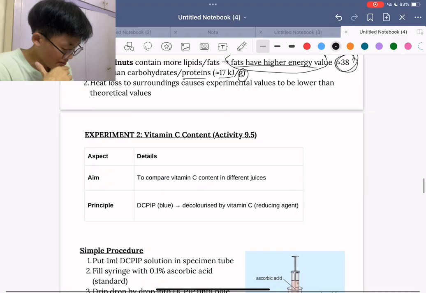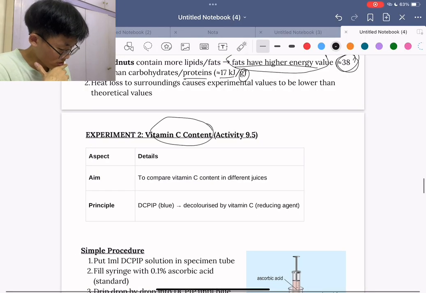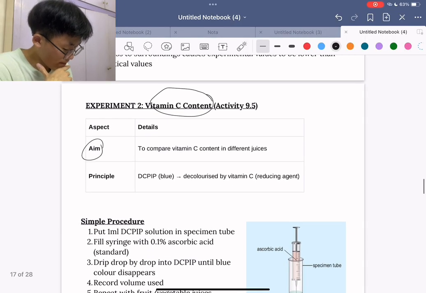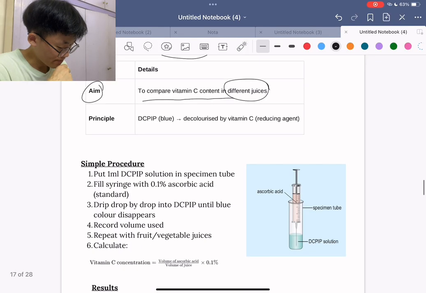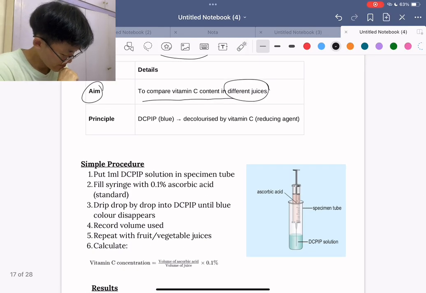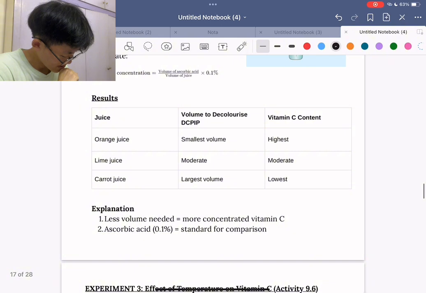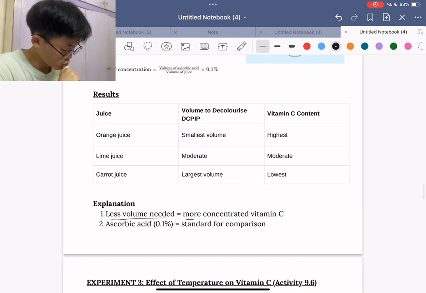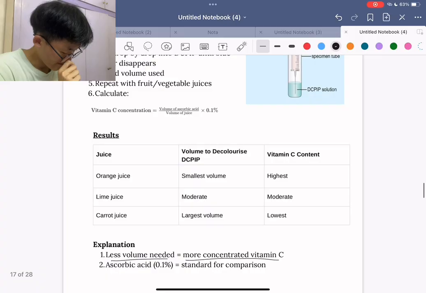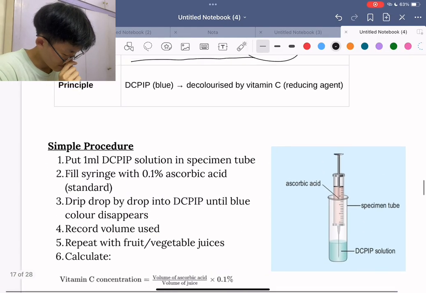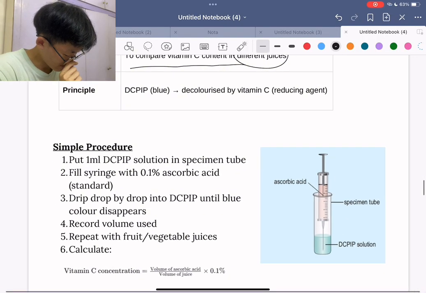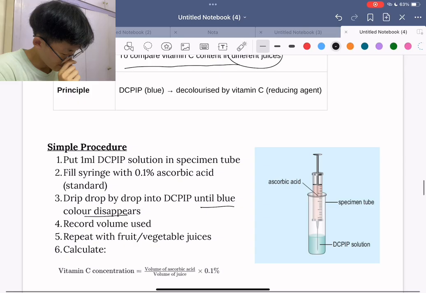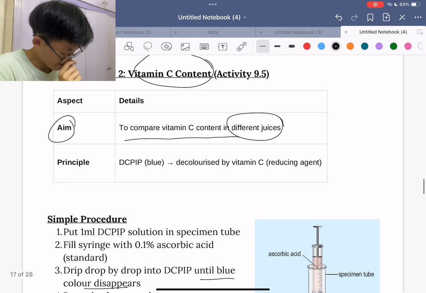So experiment 2, vitamin C content. The aim is to compare vitamin C content in different juices. Less volume needed means more concentrated vitamin C, until the blue color disappears.